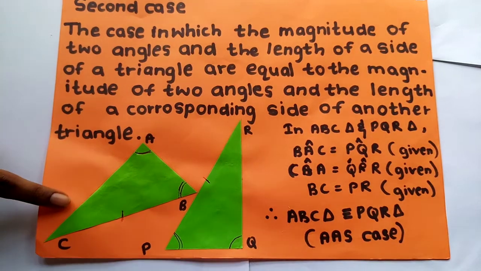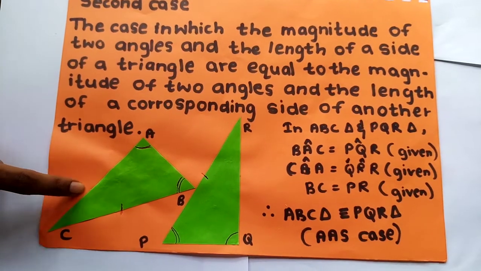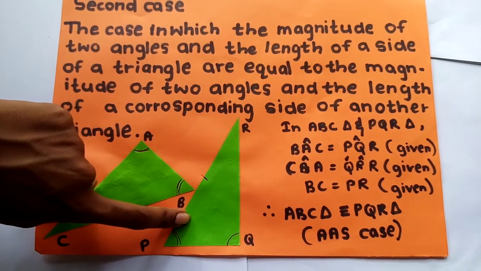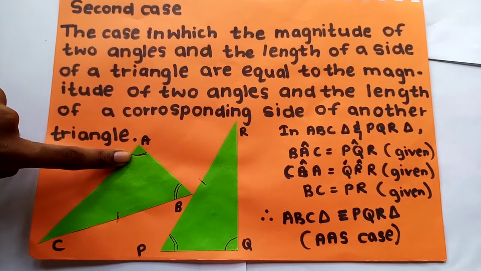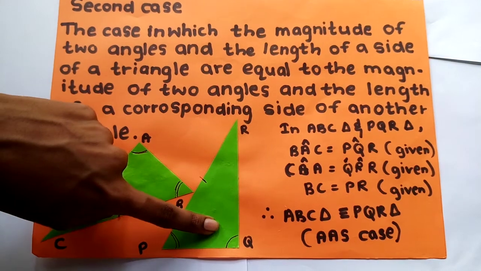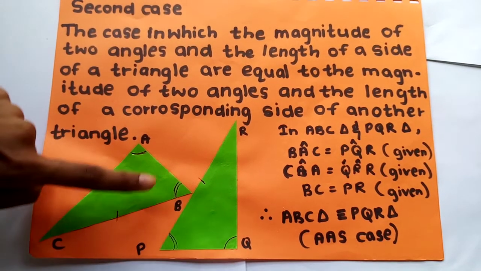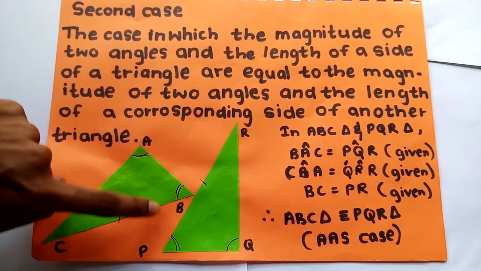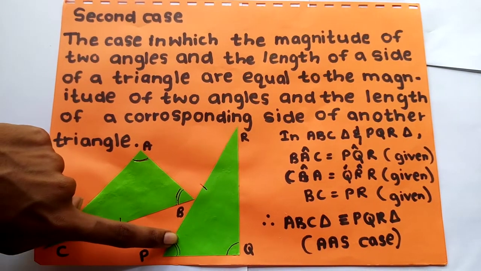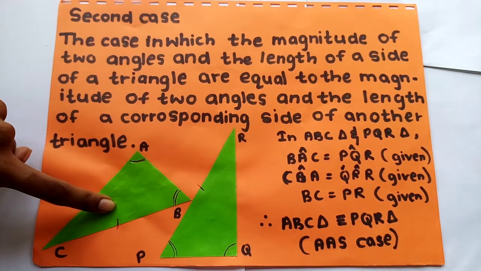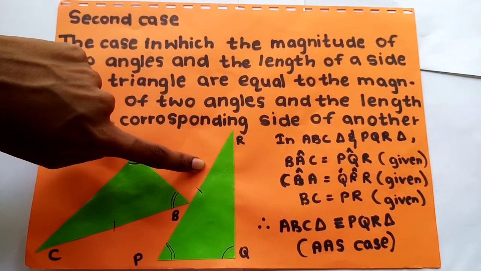Go through this. Triangle ABC is here and triangle PQR is here. Angle CAB is equal to angle PQR, and angle ABC is equal to angle QPR, and side CB is equal to side PR.